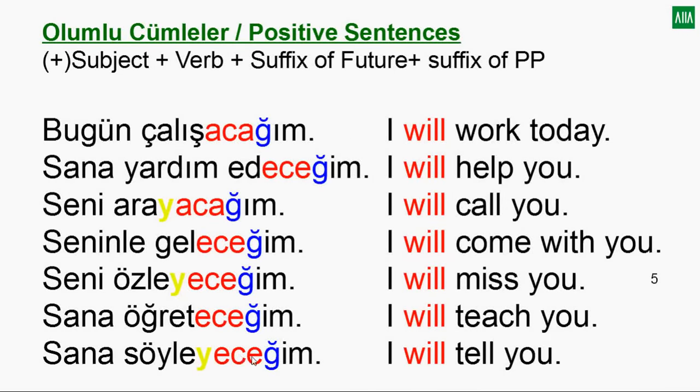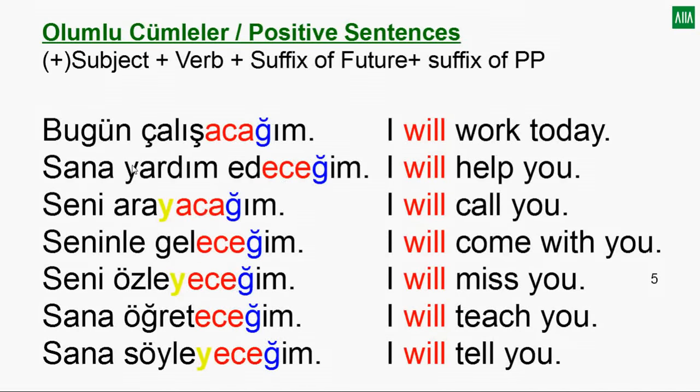Sana söyleyeceğim. As you see here, guys, there are some letters in yellow. Look, y, y, and y. These three letters are connecting words. You must use them. So seni arayacağım, and you should speak like this: arayacağım, özleyeceğim, söyleyeceğim. So you must use these connecting letters.